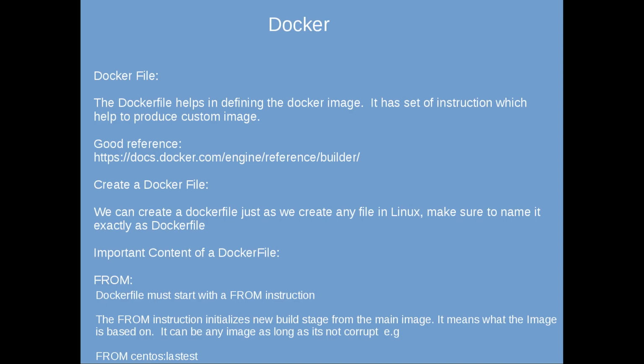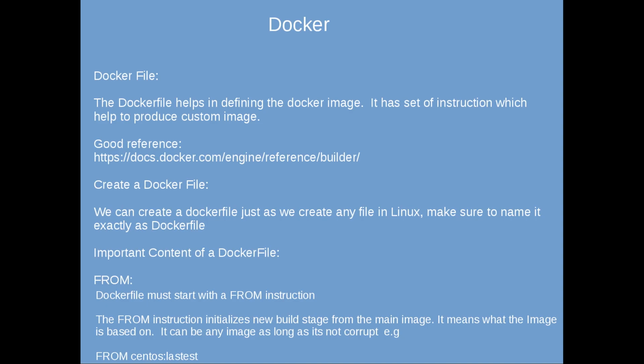To create a Dockerfile, we can create it just like we create a normal Linux file, but we need to make sure that the name exactly matches Dockerfile. Some important contents of a Dockerfile are FROM. Basically we start a Dockerfile with the FROM instruction, which initializes a new build stage from the base image.